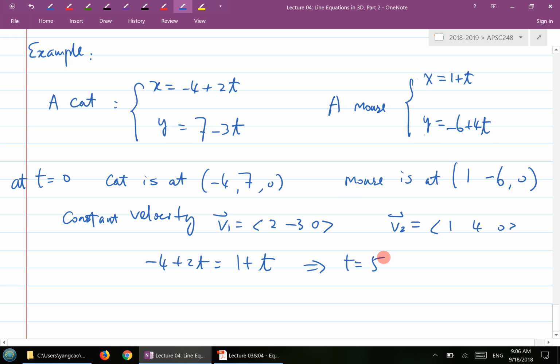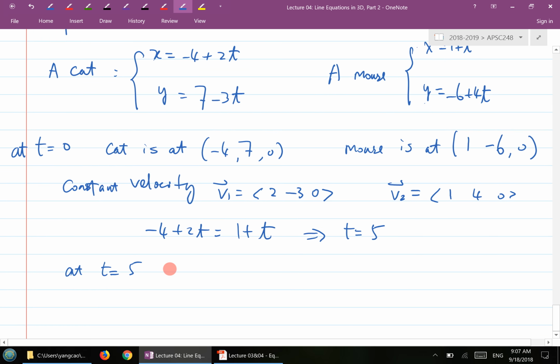So when t equals 5, the two x components are the same. But does it mean that when t equals 5, the two y coordinates will be the same? We substitute t back into this y, and we verify. At t equal to 5, y cat equals 7 minus 15, which is negative 8.